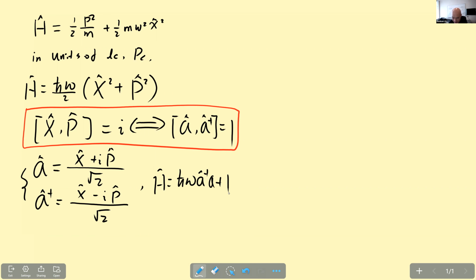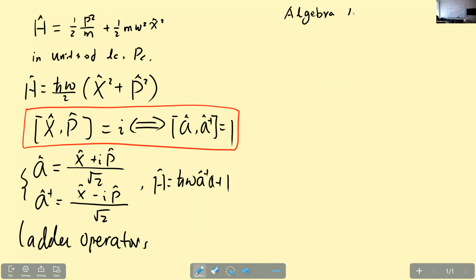And these I call ladder operators, because we have found by the algebraic method that the energy levels actually form a ladder, equally spaced.